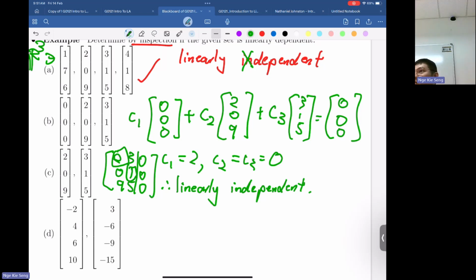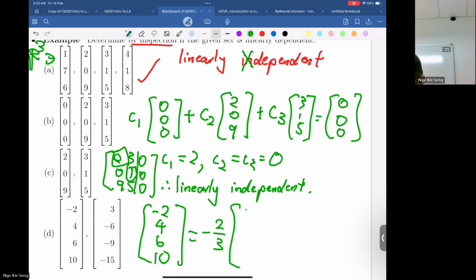Linearly dependent. So you multiply by what? Negative 3/2 or negative 3/3, see which way you want to go. So let's say we do it this way: negative 2, 4, 6, 10 is equal to negative 2 or 6.